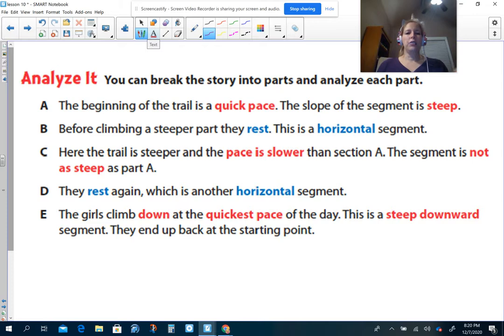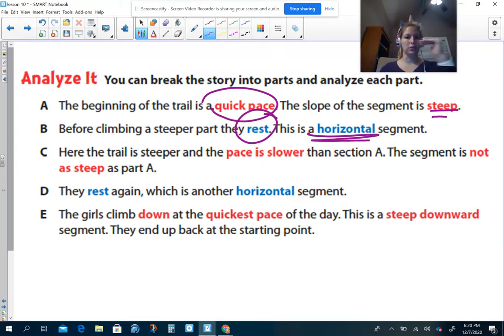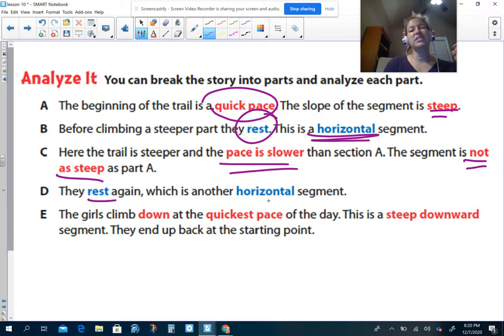Okay. So if you notice, this is part of analyzing what we did. So the beginning of the trail has a quick pace. That means it's going to be steep. Before climbing, we're at rest. That's why we did a horizontal straight line. At C, we went slower, so it was not as steep as part A. Then we rested again, so there's my horizontal line.